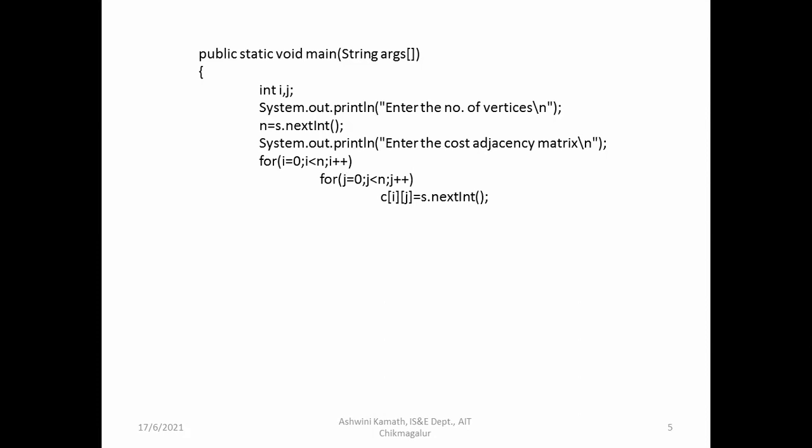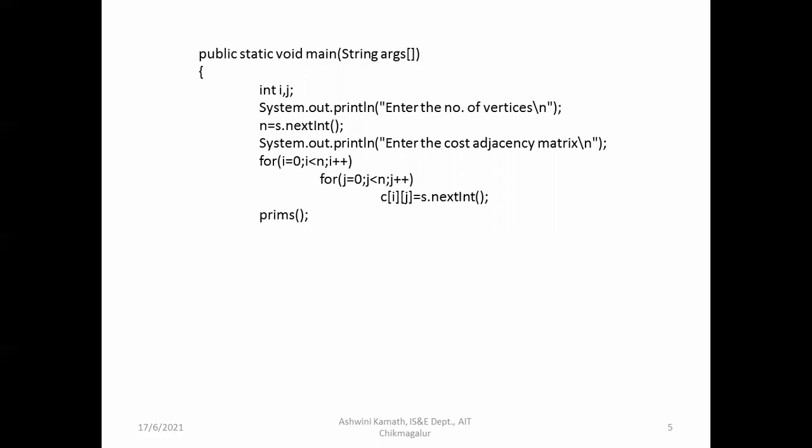Each time it will read one input and that will be stored in the two-dimensional array C of i j. Here the ith loop represents the row number and the jth loop represents the column number.